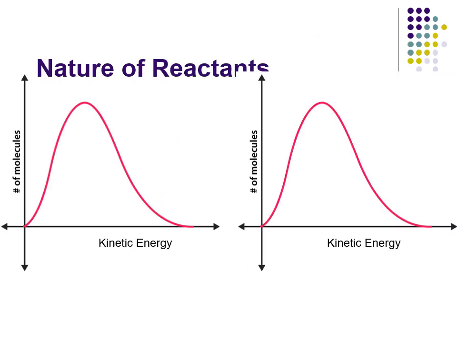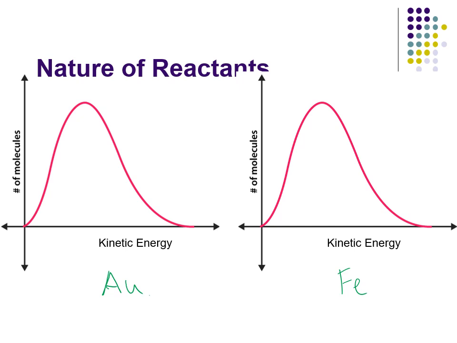Nature of reactants. We know that some things are more reactive than others. So let's imagine that this is a piece of gold, let's say. And imagine this is a piece of iron. So you buy your car and it happens to be made out of iron.